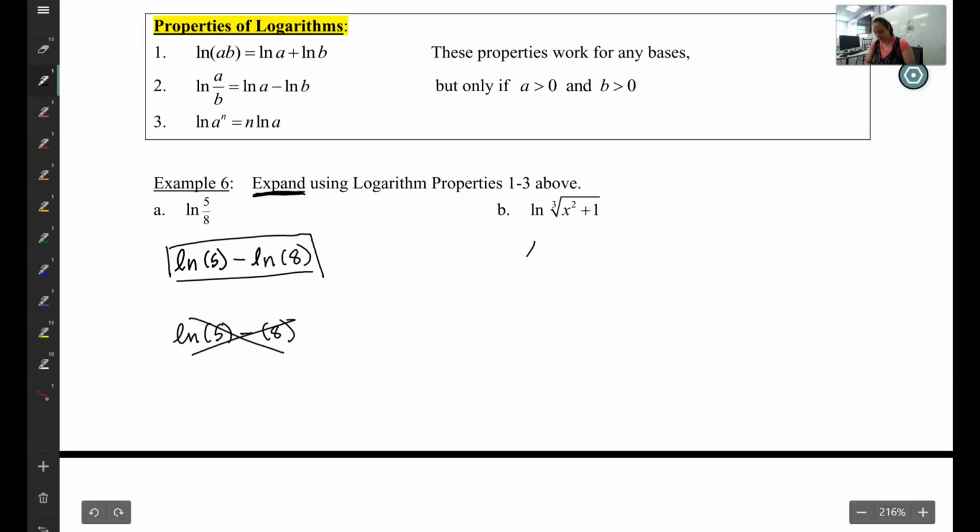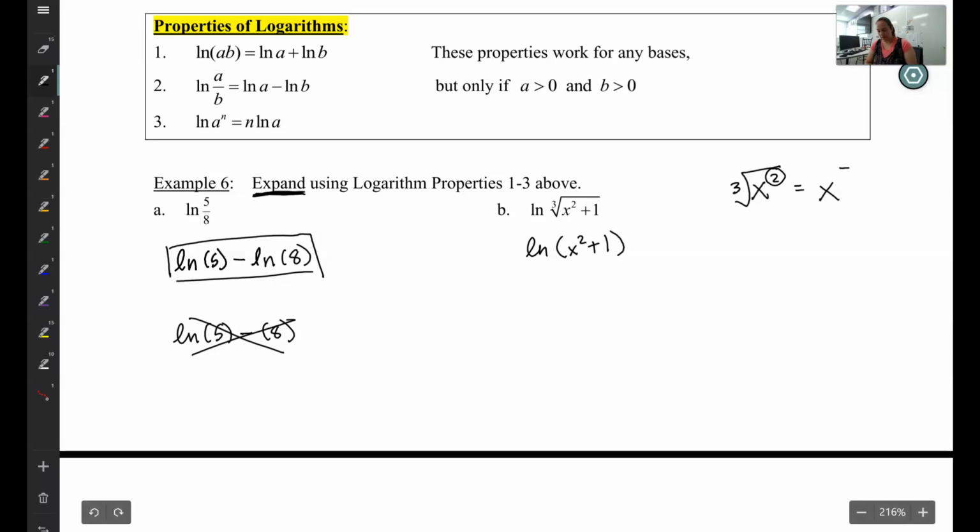Okay, for this one, I'm actually going to do something a little tricky first. You might remember from the properties of exponents from a while ago that if I have something like that, I can change it into a fractional exponent or a rational exponent.